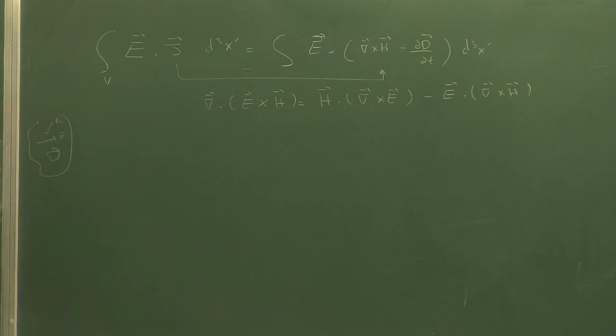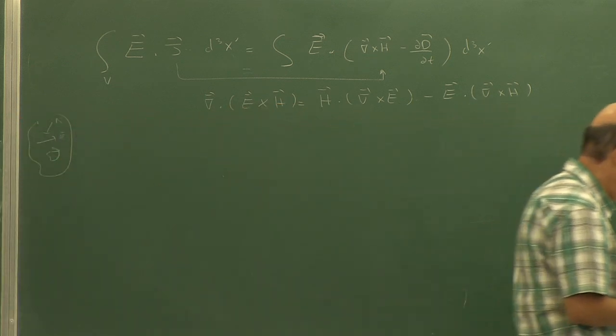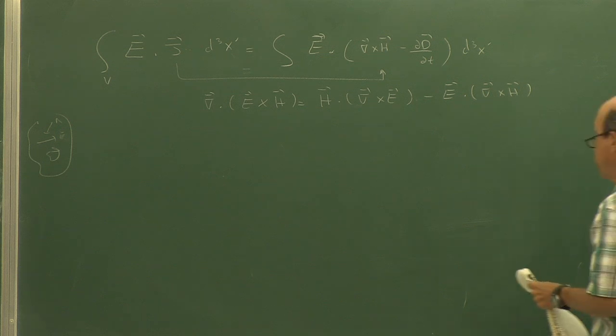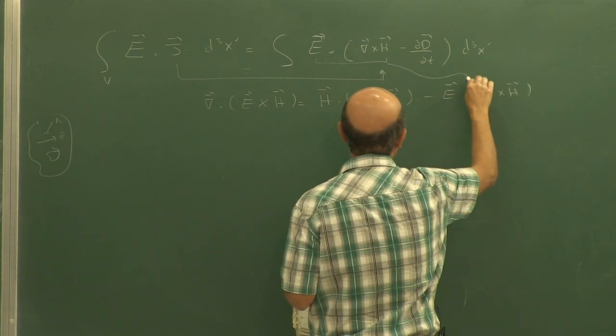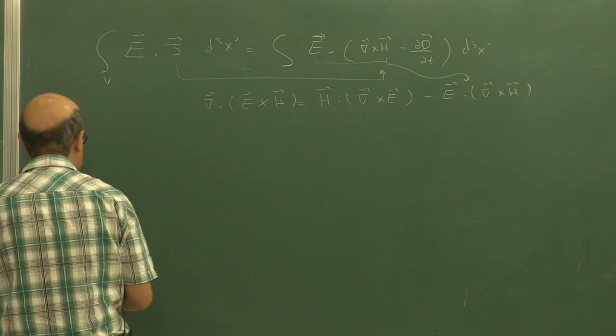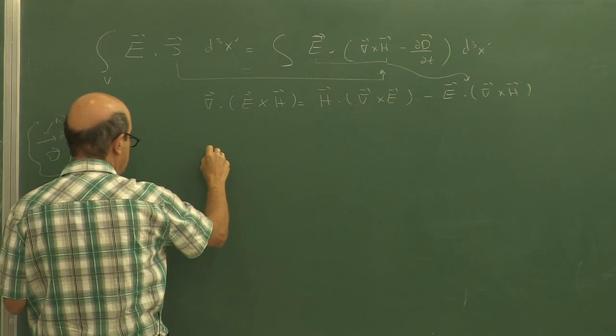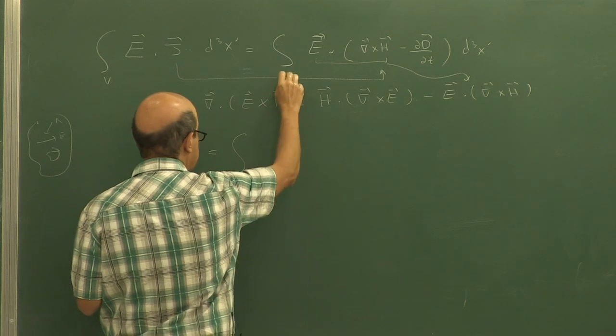You can derive this easily with index notation, and that is correct at this point. So what terms do you have? You have this term here, and instead of it you can write the two of them. So the equation above takes the following form, a volume integral.